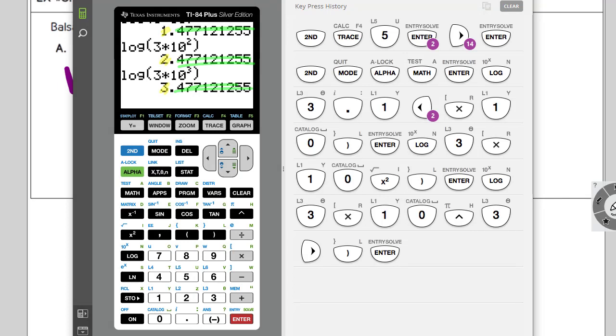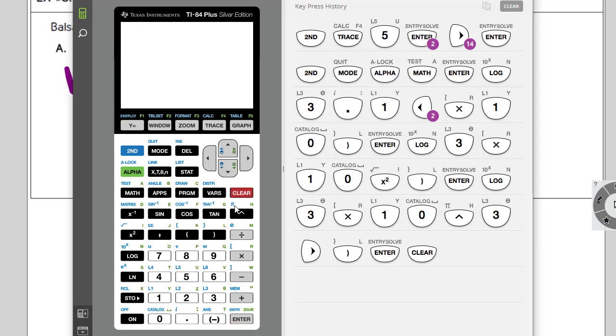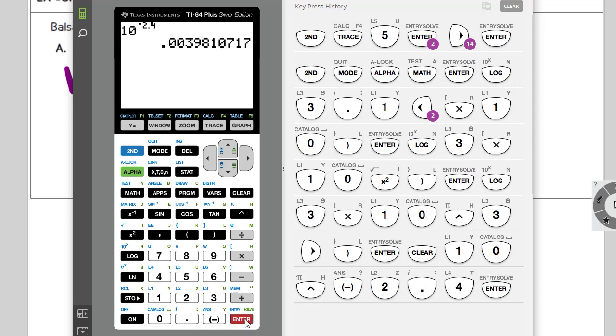So it is 10 to the -2.4. On our calculator, we can do 10 to the -2.4, and we get 0.00398.